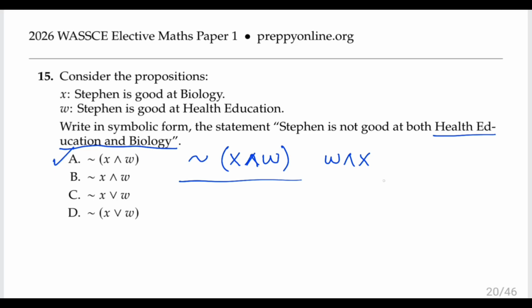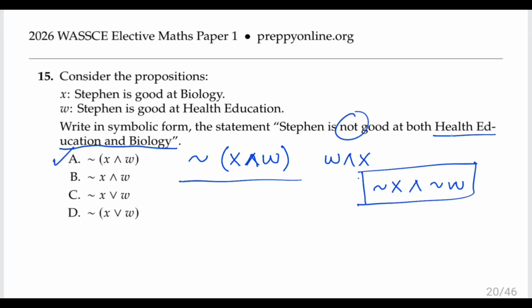So you're trying to say he's neither good at biology nor at health education. So he's not good at biology and he's not good at health education. You might reasonably interpret it to mean that.